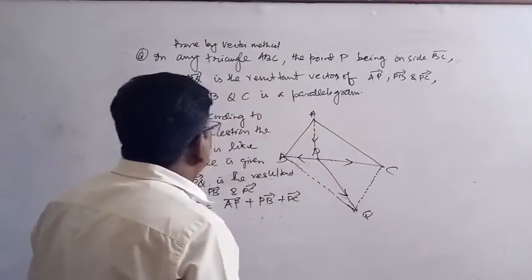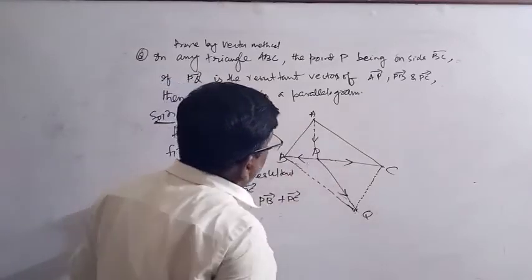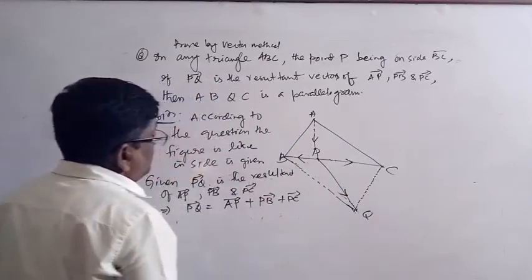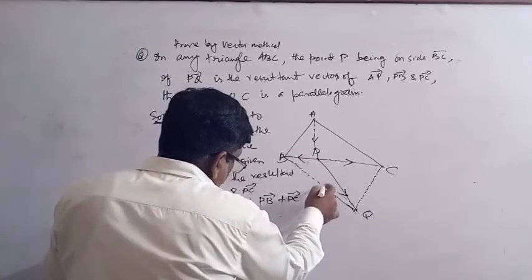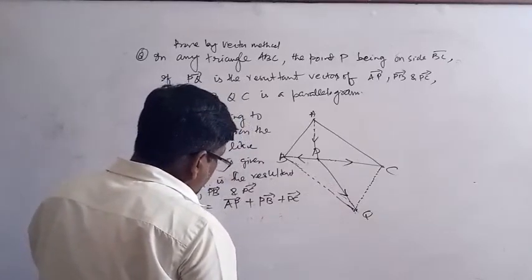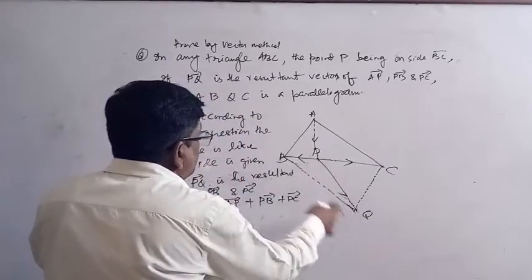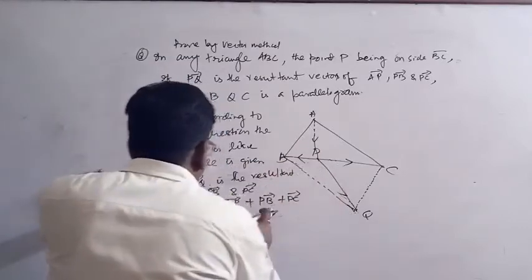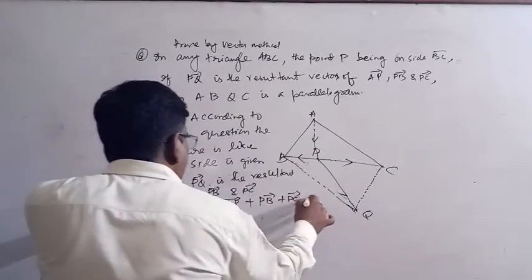We have to prove ABQC is a parallelogram. That is, to prove BQ is parallel to AC and the magnitudes are equal. From the figure, PQ plus BP is equal to BQ. This is equation 1.